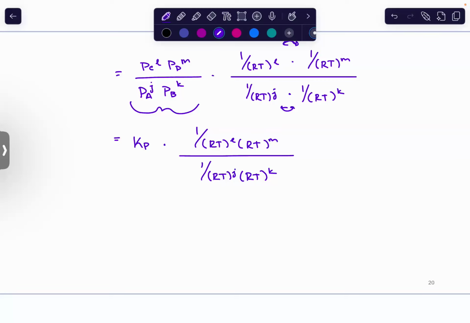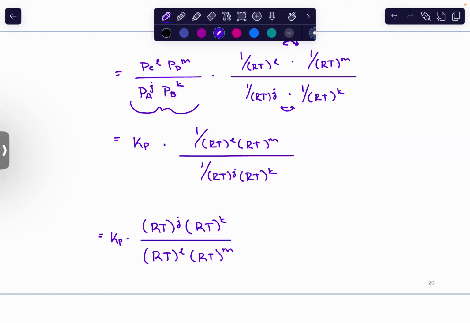So this is going to give me Kp, and then on the top, I'm going to have RT to the J, RT to the K. Did that transformation make sense? I essentially did, I have a fraction in the numerator, fraction in the denominator. I essentially did the flip and multiply twice.